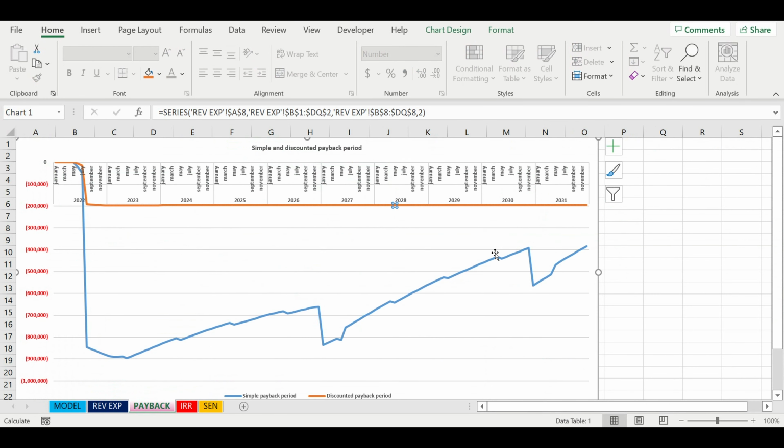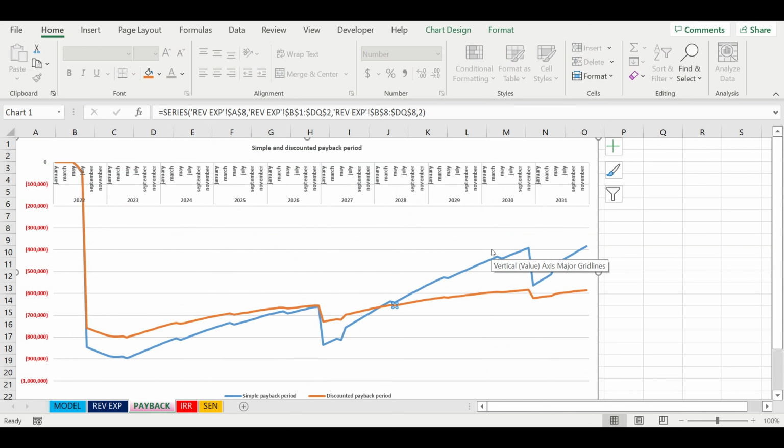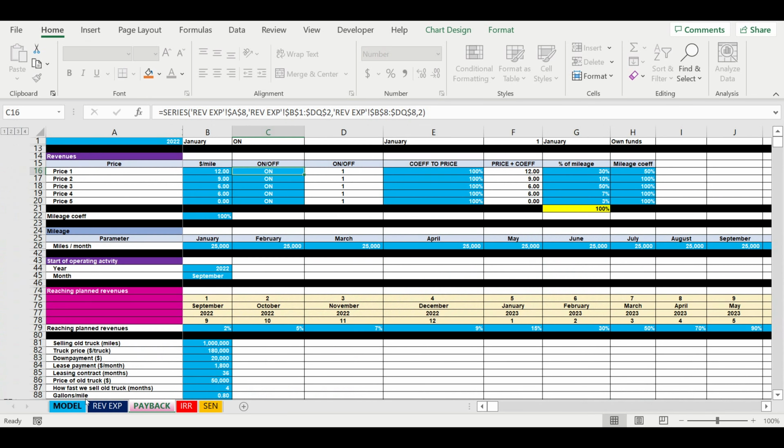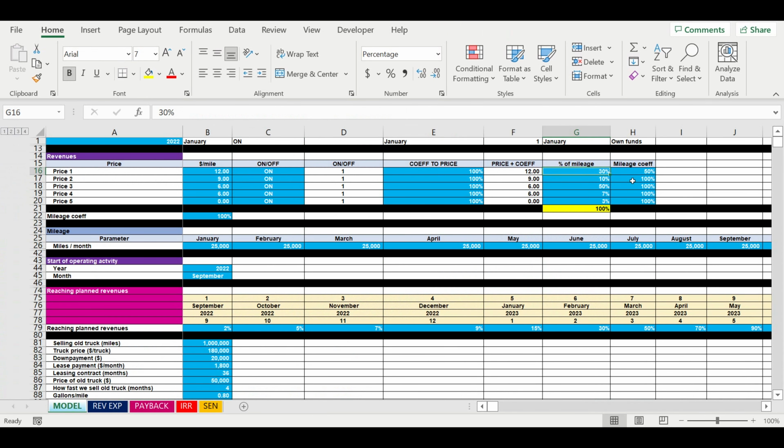And we can quickly adjust the parameters of the revenues and see what will happen with financial efficiency. Or for example, we can adjust any other type of revenues. Also we can adjust, for example, the price.